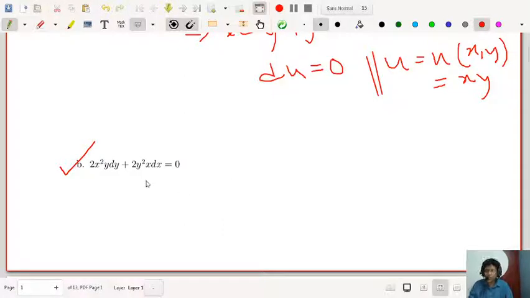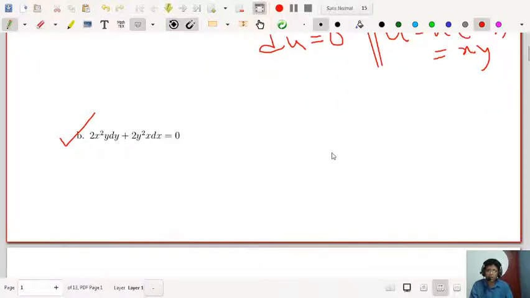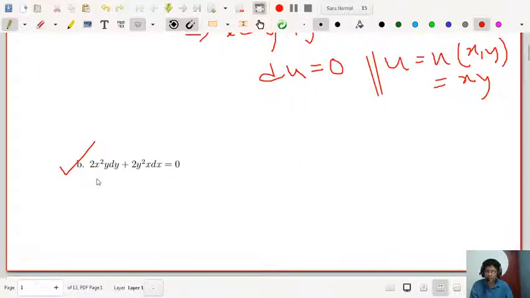Look at this equation: 2x² y dy + 2y² x dx. Suppose you want to integrate the first term. Integrating with respect to y, x is constant, so you get y²/2, the 2 cancels, and it will be x² y².